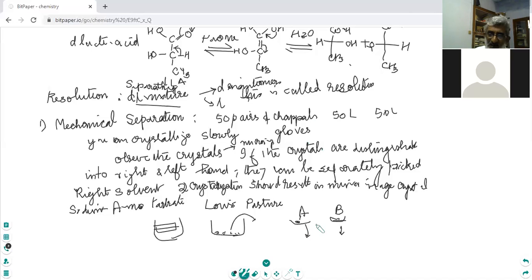He found that they have equal rotation in opposite directions. If this is right side, this is left side. So this is the first discovery of optical activity, and you should be quite lucky to get these results. And this method cannot be practically used on a large scale.